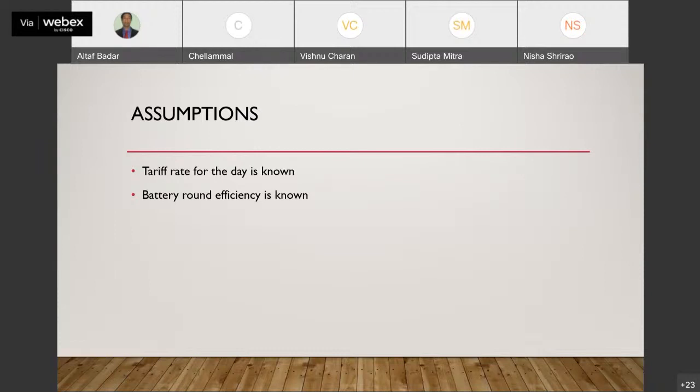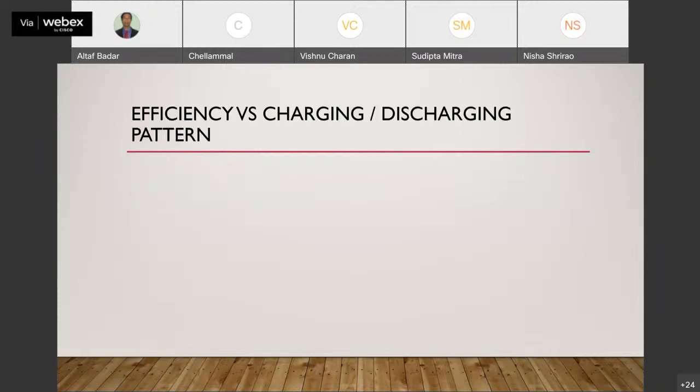Assumptions are really very important in a paper. So the assumption is that the tariff rate for the day is given to me, and the battery round efficiency is also known. Now let us move ahead with the actual concept, because if I leave this to you, you will not be able to solve the paper today itself.